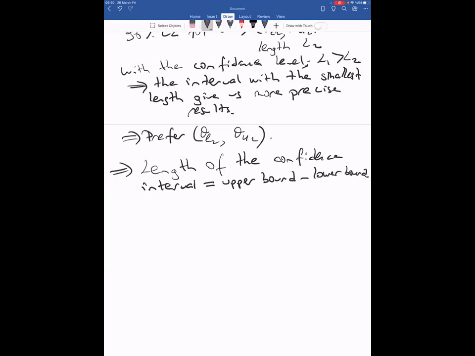For the normal case, basically, our L will be 2 times z alpha over 2 times sigma over square root of n, for the normal example. Then we need to minimize it. So how can we find that?